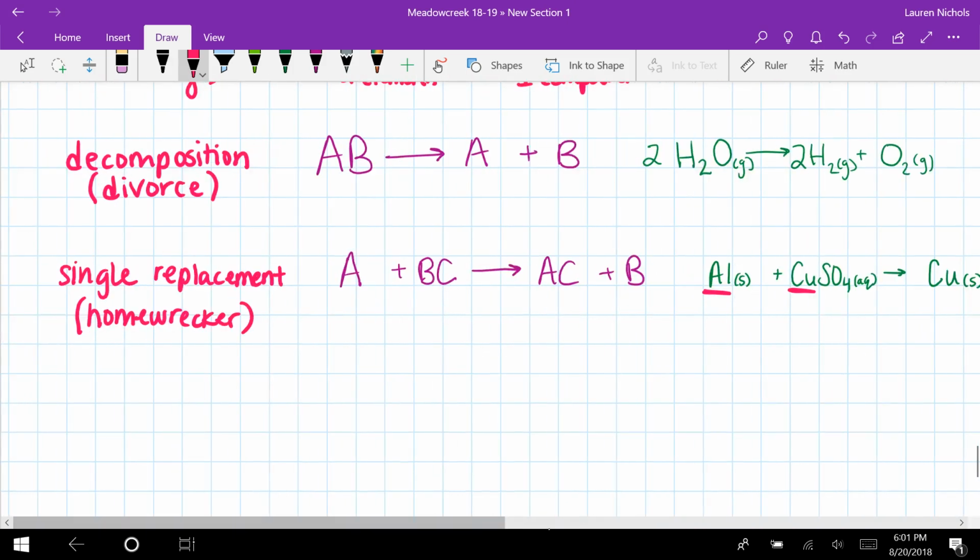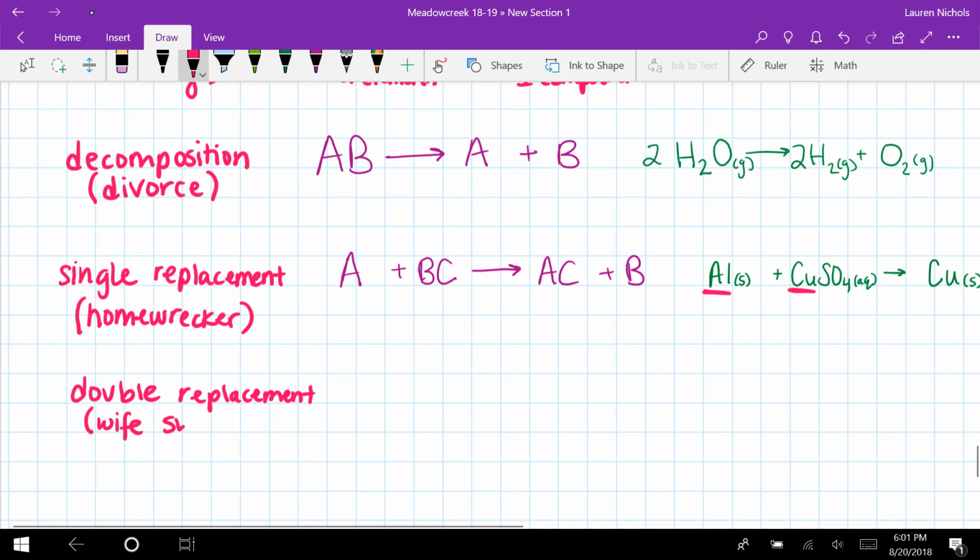Now, the fourth type of reaction is called a double replacement. Now, with a double replacement, this means 2 different things are being replaced, and they're actually replacing each other. So I like to think of it as a wife swap, something similar to that crazy MTV show.